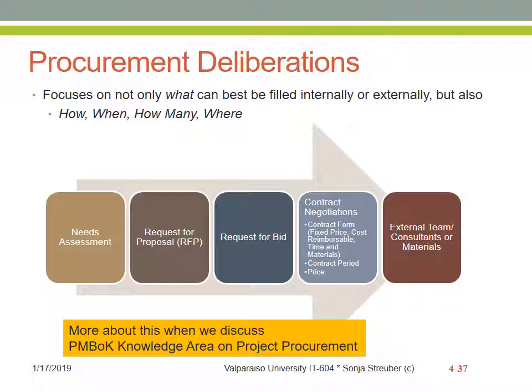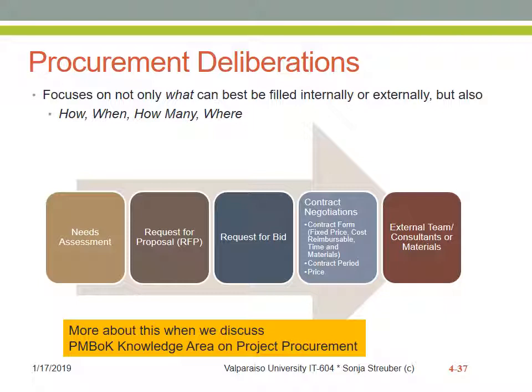Once the answers from various vendors have been received based on a request for proposal, a request for bid goes out that then results in a number of bids on the project sponsor's or even the project manager's desk. And that will lead to contract negotiations once the top 3 bidders have been selected. And finally, contract negotiations will end up in a contract with ideally 1 bidder or maybe a couple more.